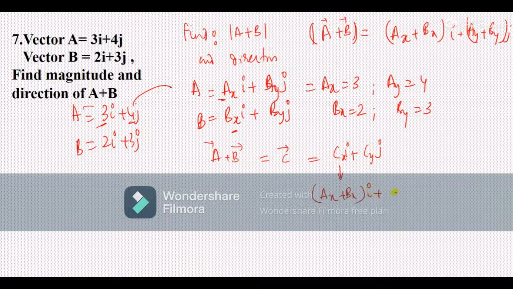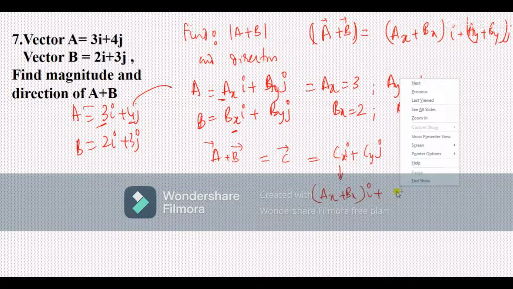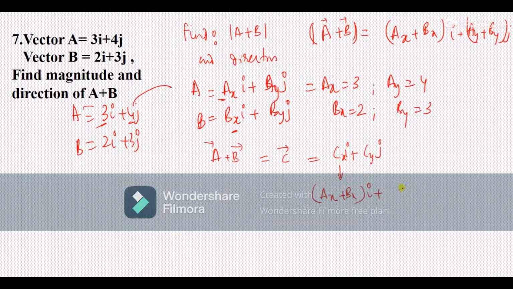Similarly, C vector is equal to Cxi plus Cyj. That can be written in this format again: Cx is equal to Ax plus Bx, and Cy is equal to Ay plus By. It is only from a simplification point of view that we are representing it as C.